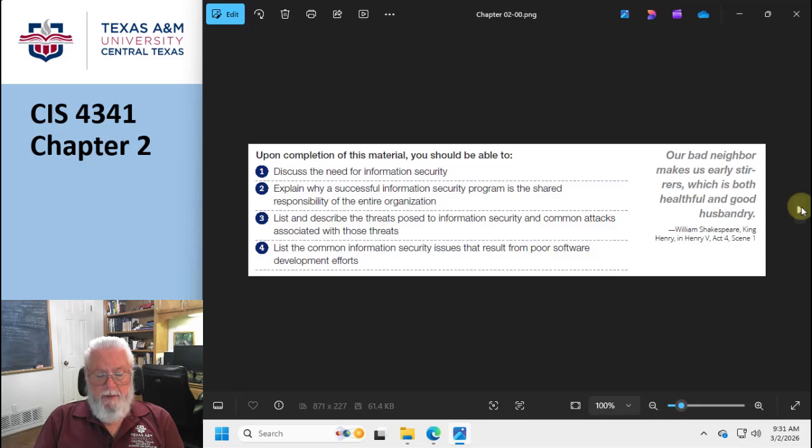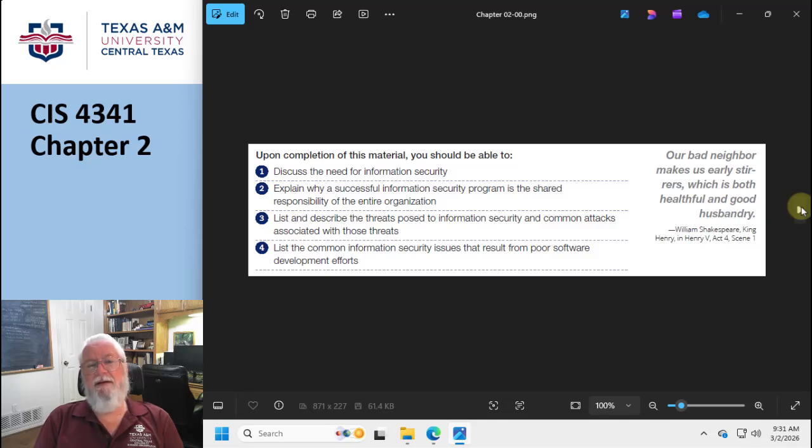Okay. So on page 30, they talk about threats and attacks. They talk about The Art of War. The Art of War, an ancient Chinese text, talks about knowing yourself and knowing your enemy both. You really need to know what your assets are and what your vulnerabilities are.